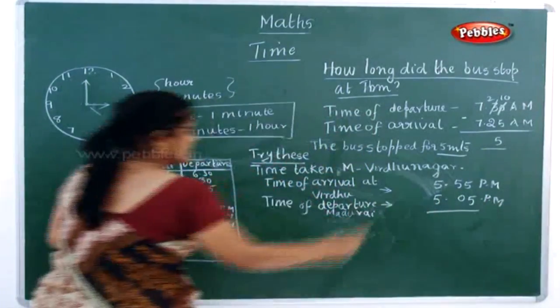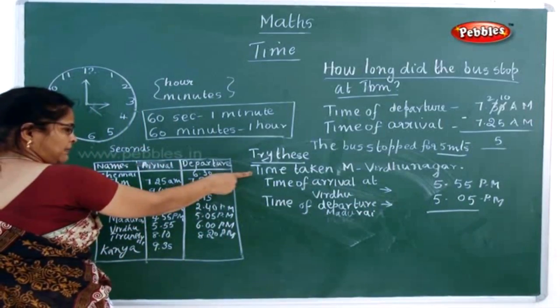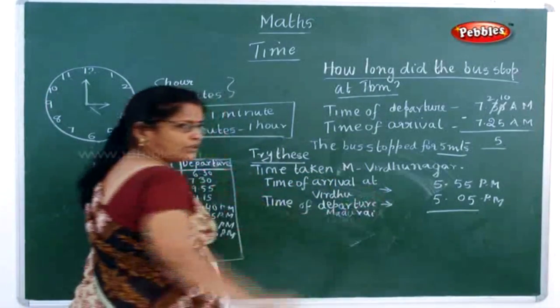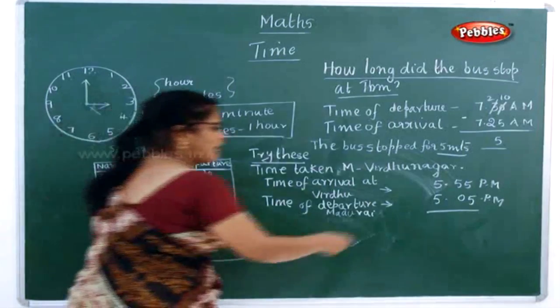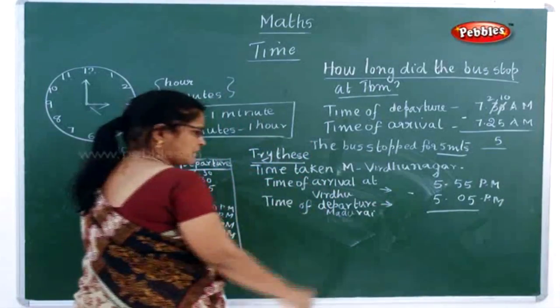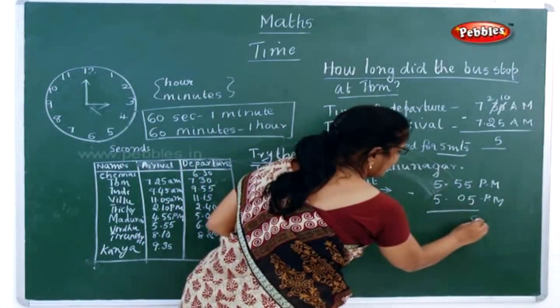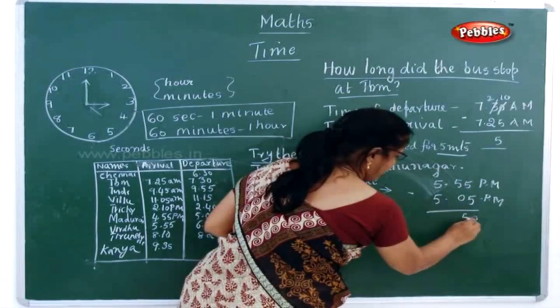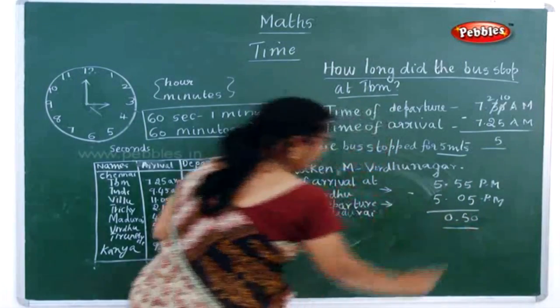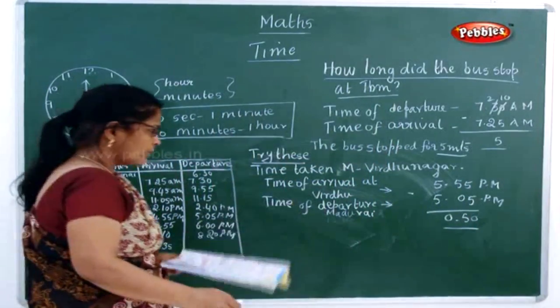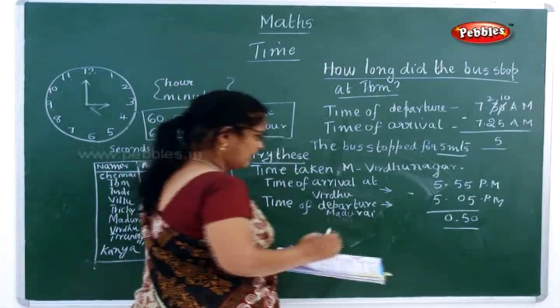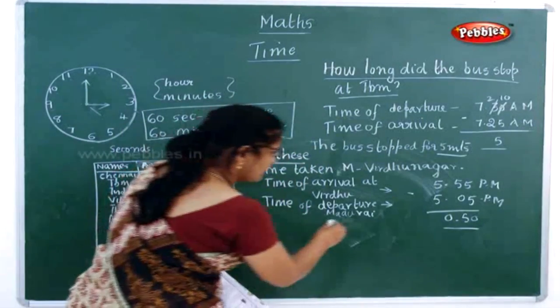Now what is the question they will ask? What is the time taken from Madurai to Virudhunagar? That means you have to minus it. So, 5 minus 5 is 0. And 5 minus 0 is 5. So, now what will you write here? It is 50 minutes.